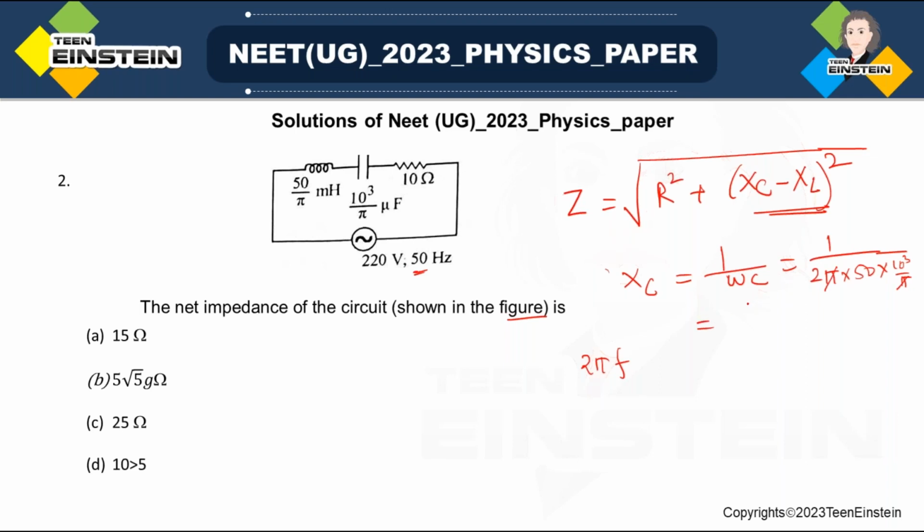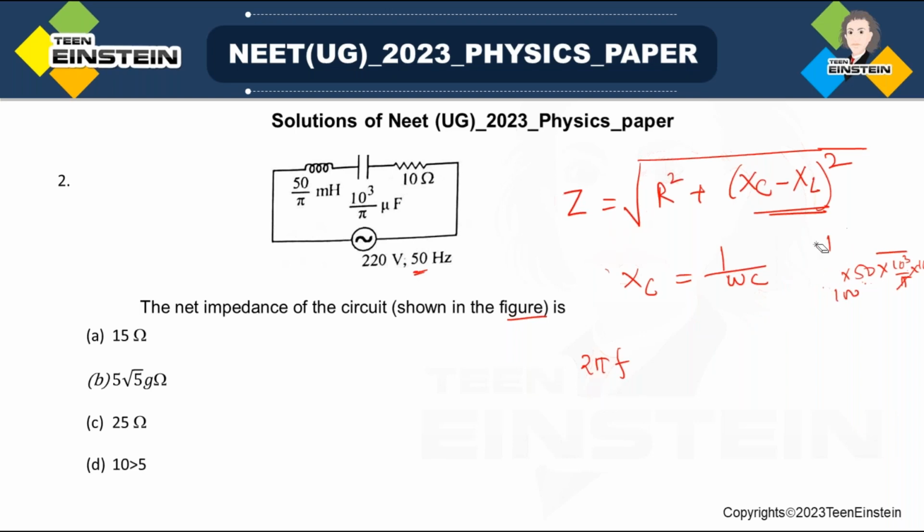Ultimately you will see this will be 100, so 10^-5, and at the same time this was 10^-6 since it is in microfarad. If you want to make it farad, there was another factor, I'll just rewrite this part.